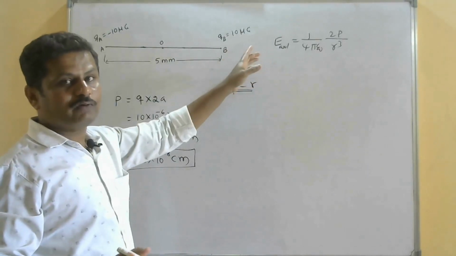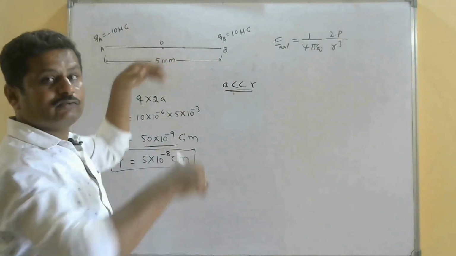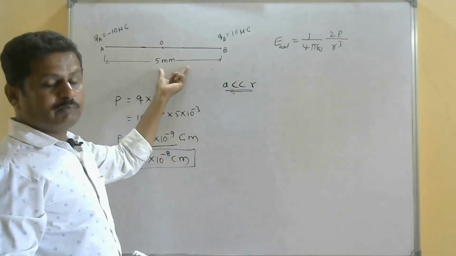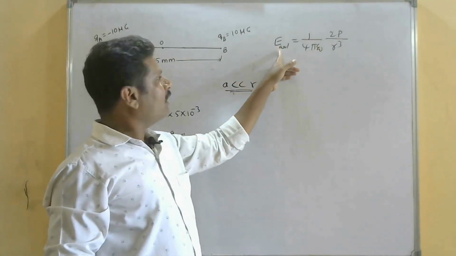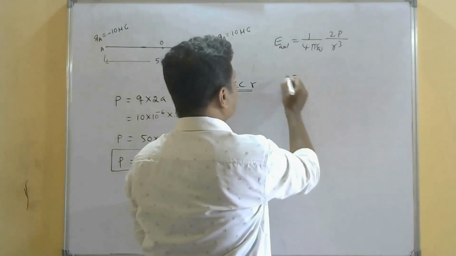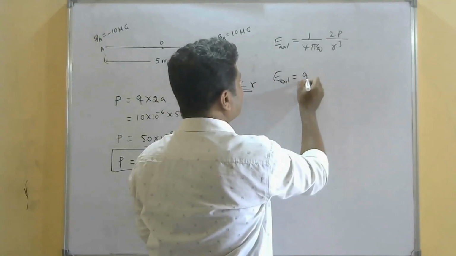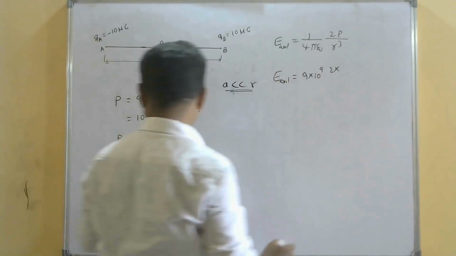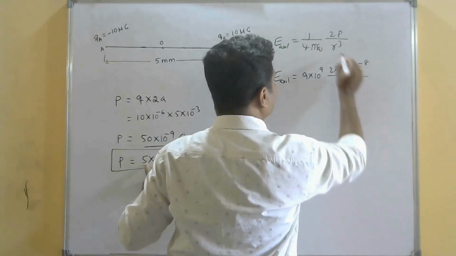They are asking you to find the electric field on the axial line as well as on the equatorial line at a distance of 1 meter. This 1 meter is much larger than the distance between these two charges, so it is a short dipole. For a short dipole, the electric field on the axial line is 1 by 4 pi epsilon 2p divided by r cube. On substituting the values, E axial equals 9 into 10 raised to 9, 2 into p, which is 5 into 10 raised to minus 8, divided by r cube.